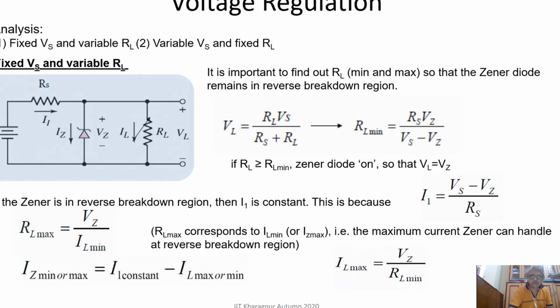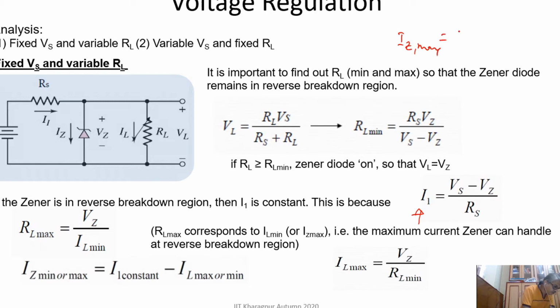Okay. So this is constant I1, and we have to find out IZ max, because we are looking for RL max. When it is RL max, the current through here is minimum because this is maximum.